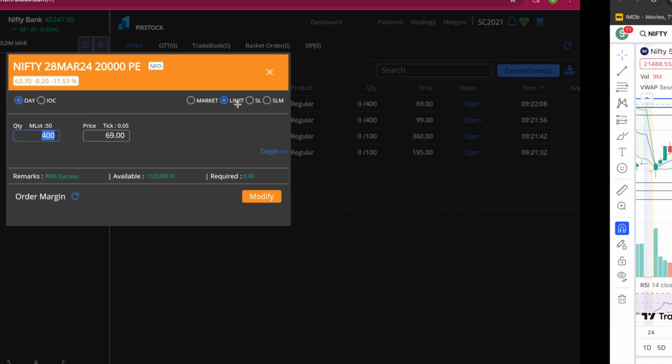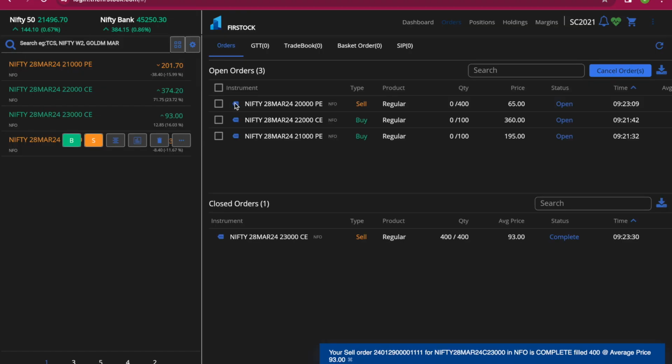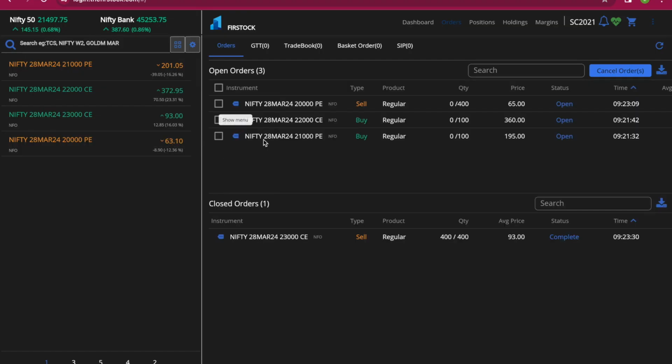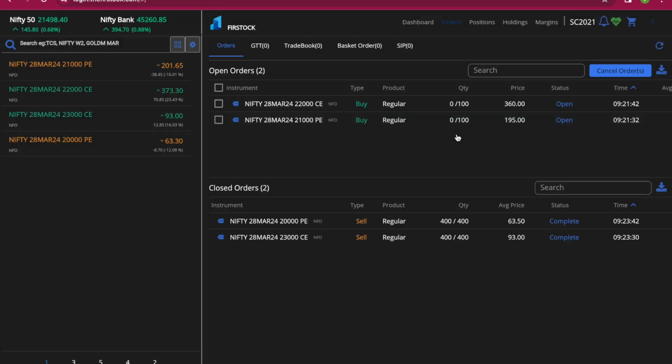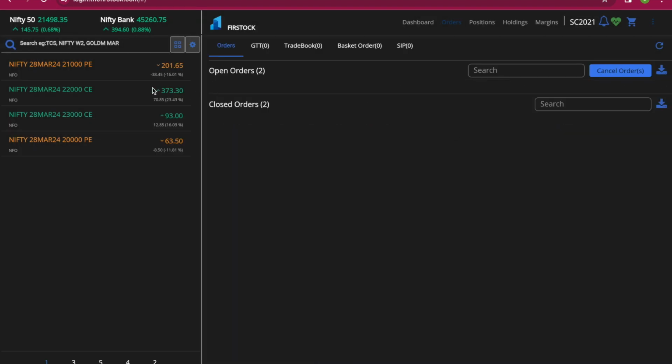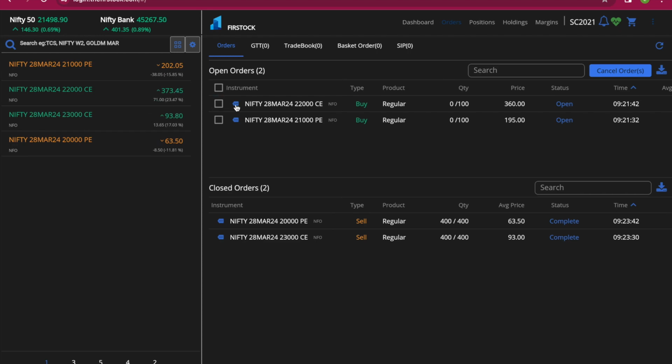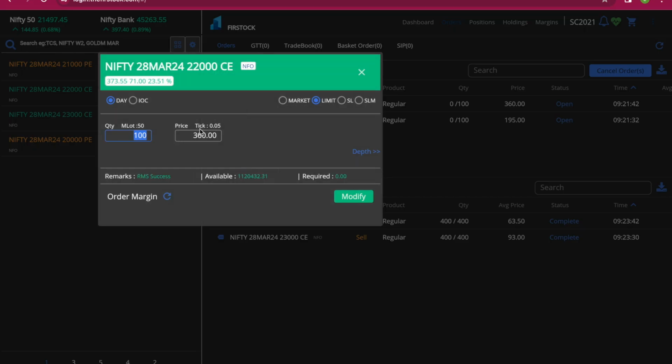India VIX is falling down. Okay. Let's modify 63.5. Okay. Now the buy orders here, it's 370.